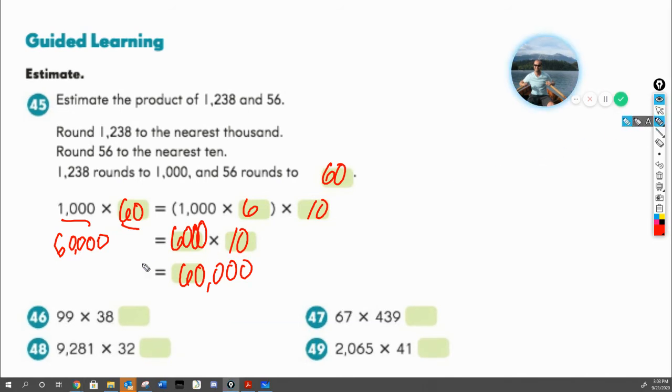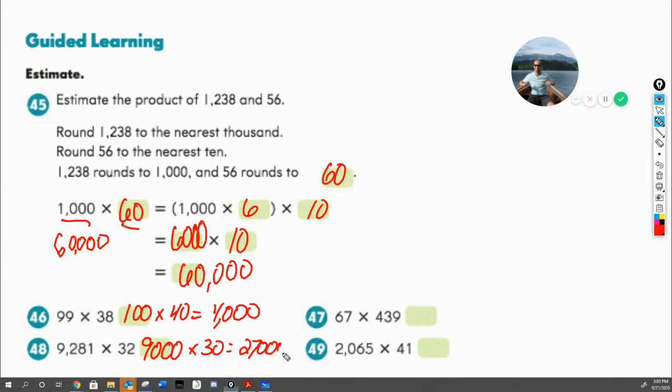All right, I'm assuming y'all rock the house on this. This one here, I'm going to do 100 times 40, getting 4 times 1 is 4, with 3 zeros is 4,000. Here, 9,000 times 30, 3 times 9 is 27, with 1, 2, 3, 4 zeros. 270,000.